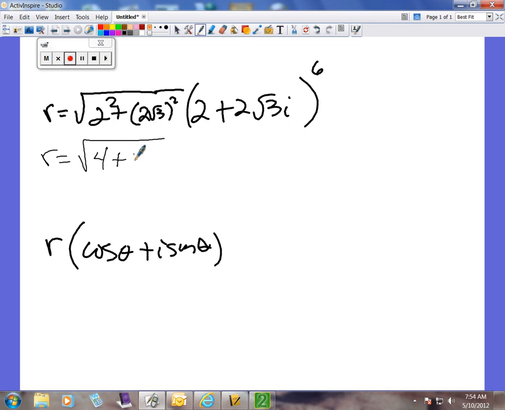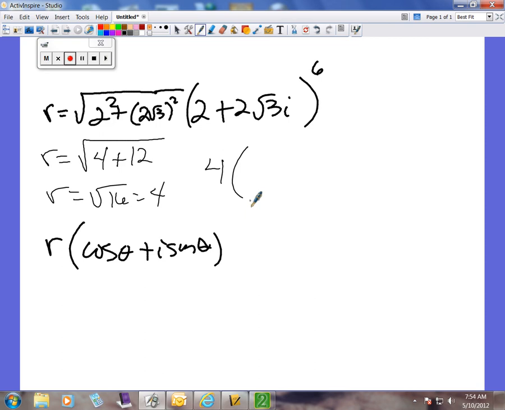Very good. Because what's 2 squared? It's 4. What's square root of 3 squared? 3. 4 times 3 is 12. So r is actually going to be 4. So now we have 4 for the r.